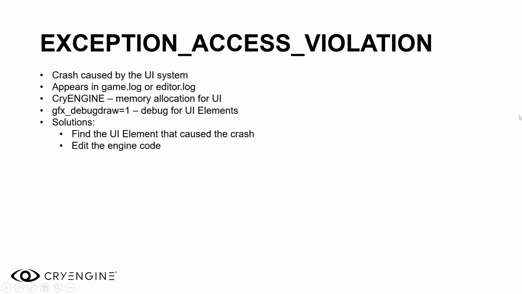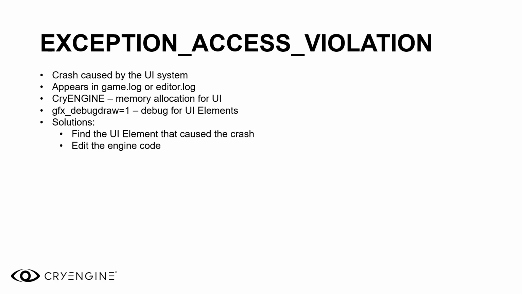Now, the solution you can do is find the UI element that causes the crash. It might not be just one element, it might also be that you have a lot of UI elements active at the same time, or it can be one UI element that causes the crash.